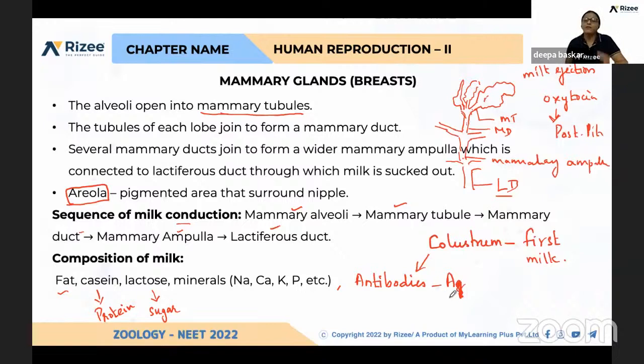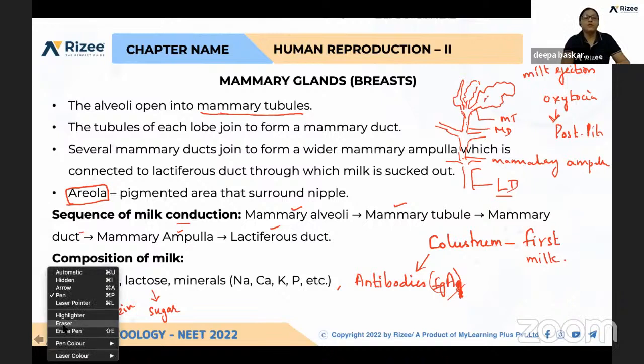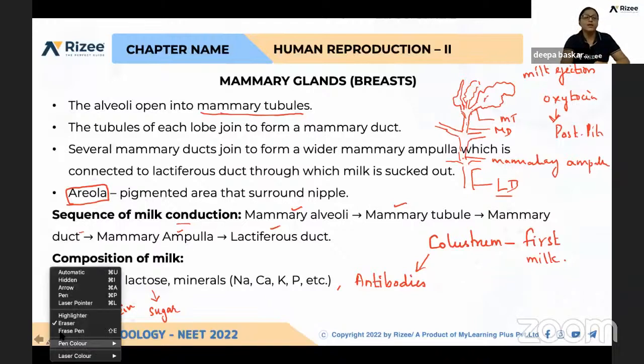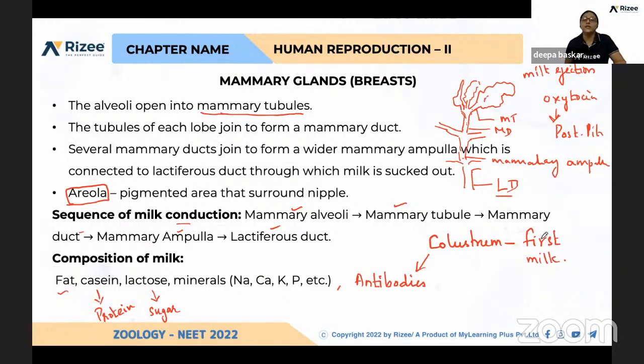Especially, if you compare the composition of milk, it consists of IgA in large amount. Got it? So the composition of milk is also very much important. All the antibodies are present, but if you compare the quantity, IgA is more. Got it?